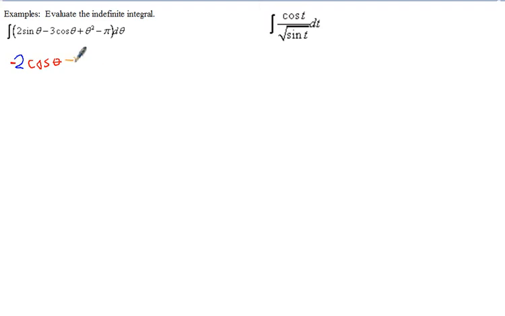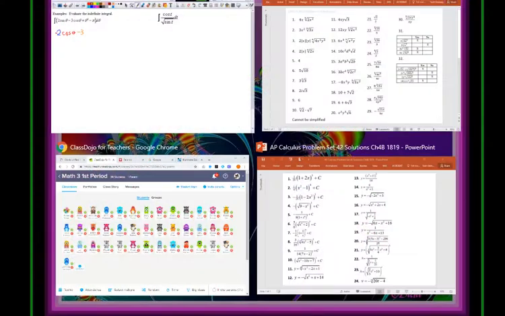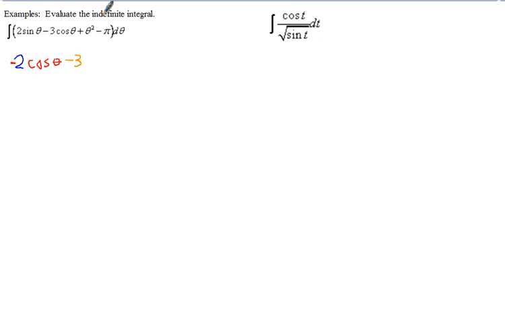Then we have negative 3. Integral of cosine theta is sine theta. So we'd have sine theta.